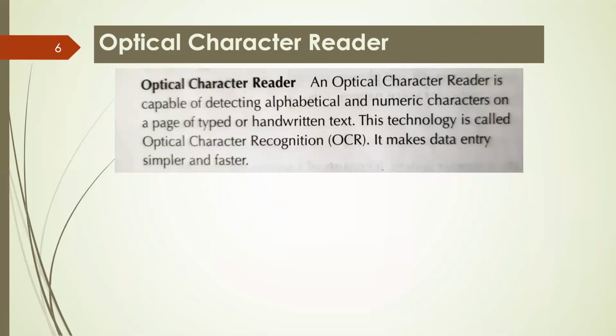This technology is called optical character recognition. It makes data entry simpler and faster. So what is an optical character reader? It is capable of detecting alphabetical and numeric characters. It can be typed, or it can be handwritten. And this technology is called optical character recognition. It makes data entry simpler and faster.